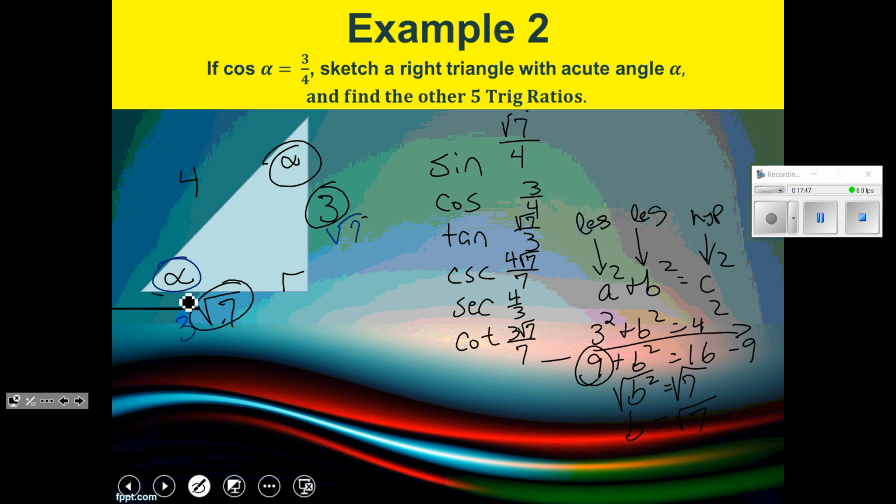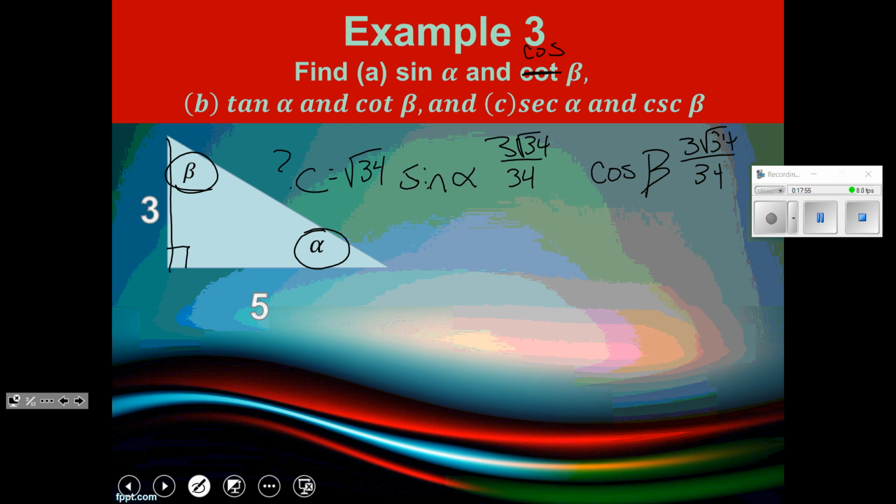But if this is alpha down here, then that makes this 3 and this square root of 7. They're just opposite from each other. So if you look at the two, sine and cosine, the opposite and the adjacent sides, they're going to end up being equal.